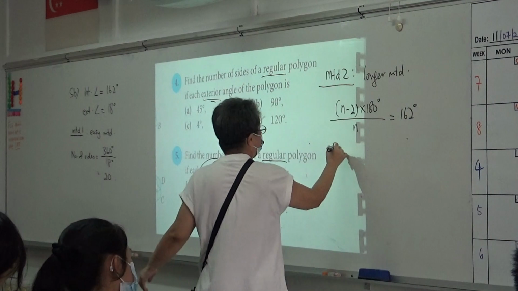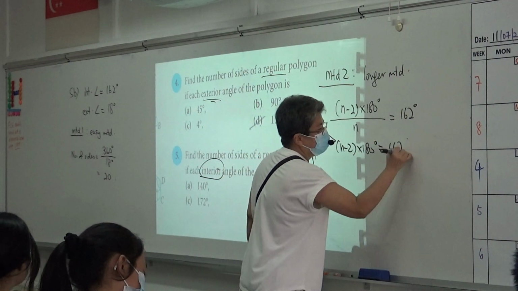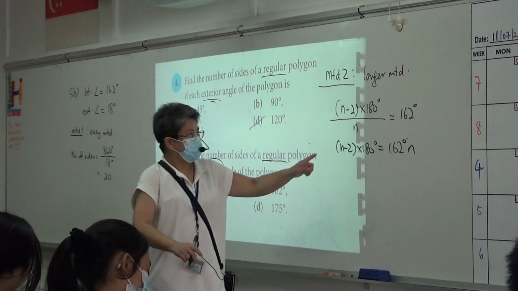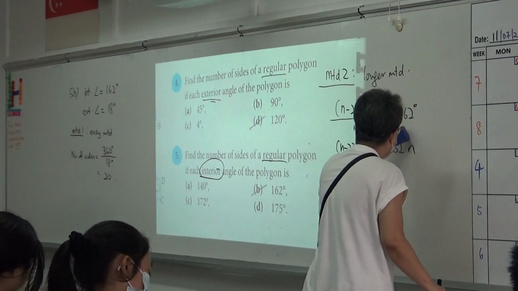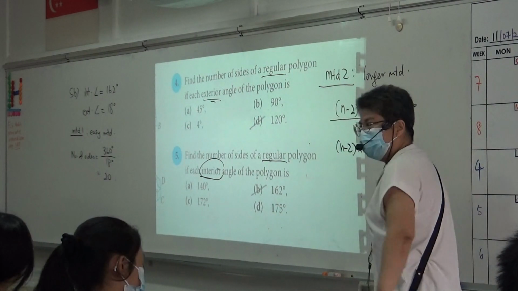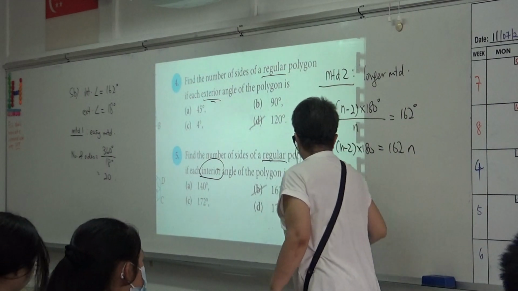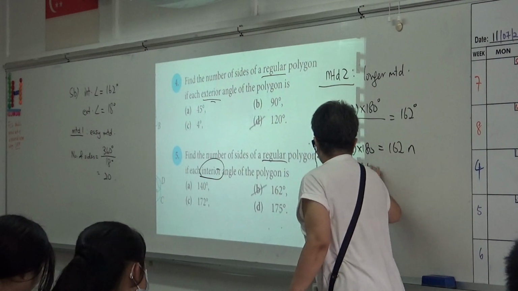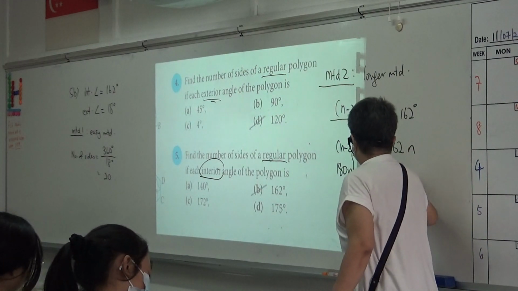Now I'm going to do this. (n minus 2) times 180 is 162 degrees n. Because both sides have degrees, I can delete the degree, right? n times 180, 180n, minus 2 times 180, minus 360, is still 162n.